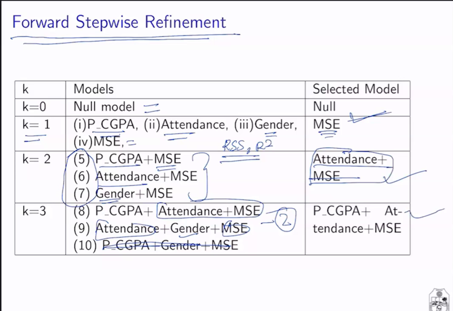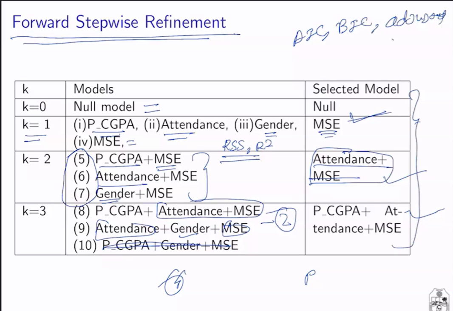In the final step, you are going to add gender in the fourth step. Out of these four steps, you are now going to use the criteria called AIC or BIC or adjusted R square. That criterion is used to select one out of these four different models.